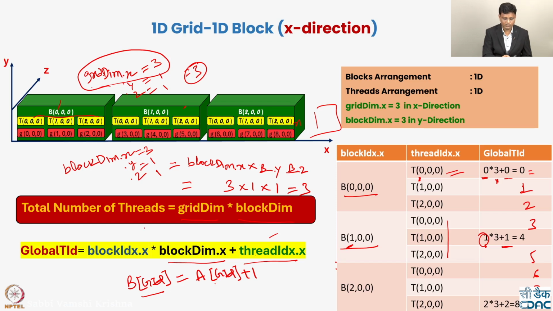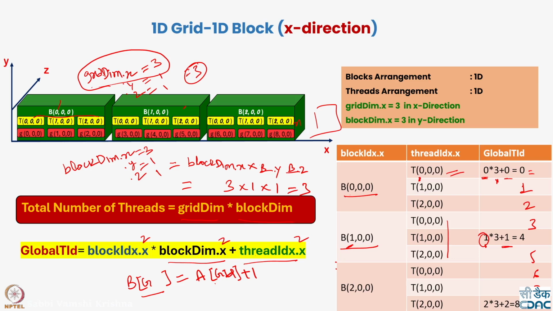This formula will work for you, with only one change: instead of x you have to consider y, so every x is replaced with y. If it is the z direction, then x should be replaced with z, because your arrangements are in the z direction.